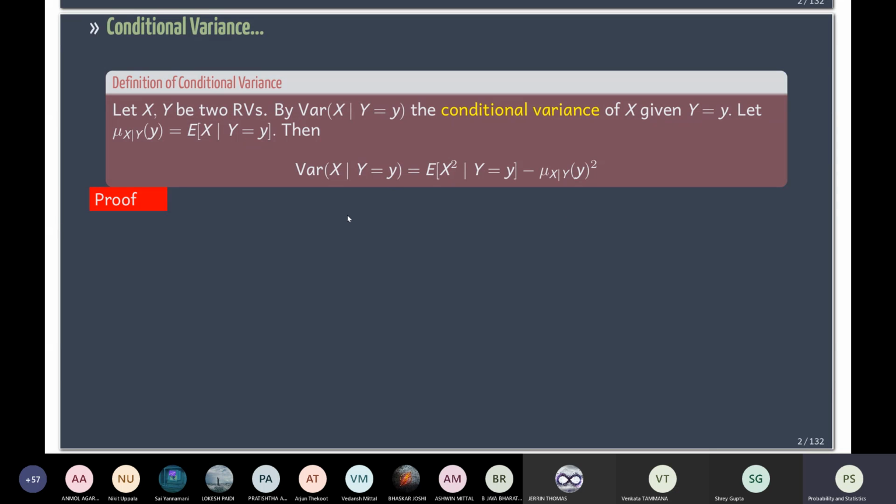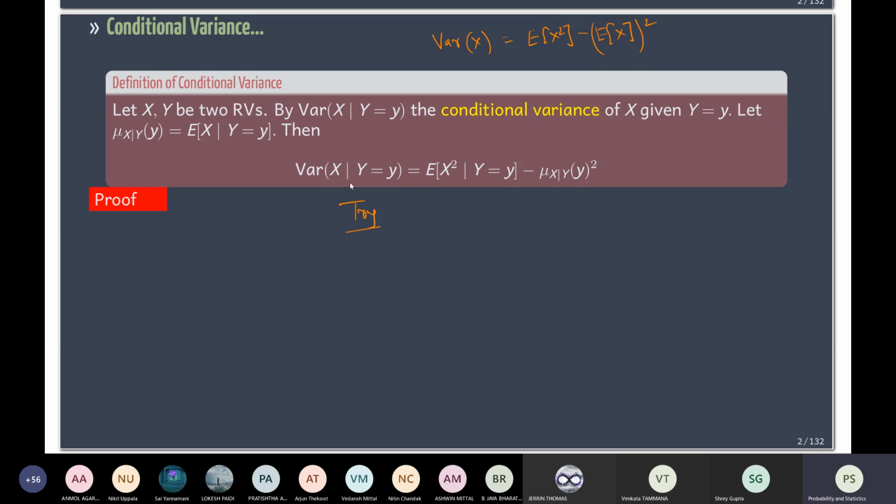There are like 3-4 lines of proof for that, so I let you do this. Try this proof on your own. It should be straightforward, but this is something we should remember. In general, the variance of x, the usual variance that we know, not the conditional variance, was expectation of x squared minus expectation of x whole squared, right?